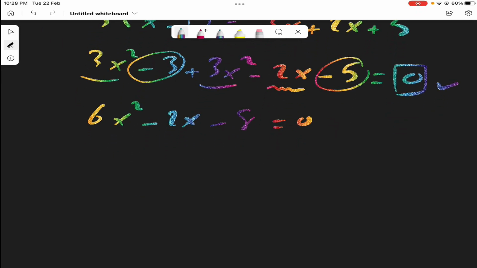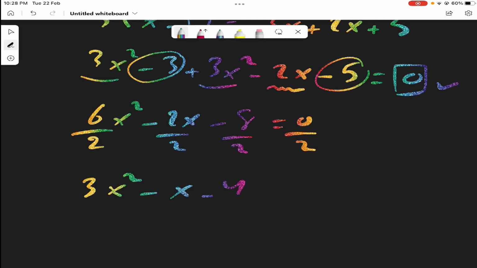Also, I see there is a GCF, so I'm going to divide by 2 everywhere, or you can take out the GCF. So 3x² minus x minus 4 is equal to 0.